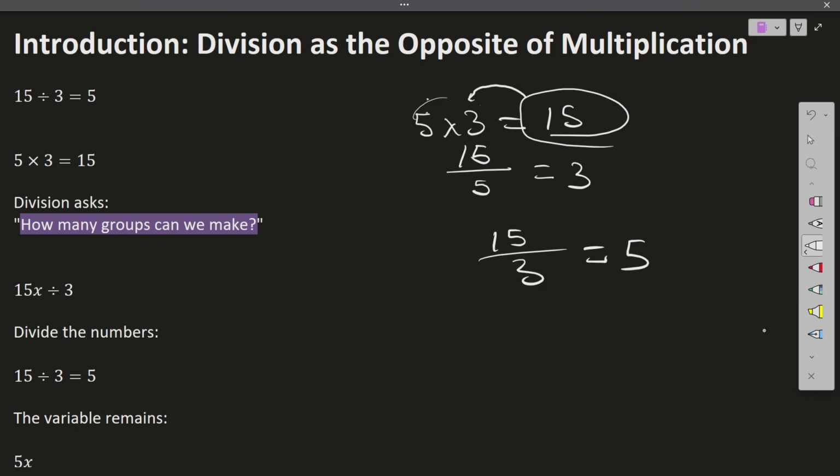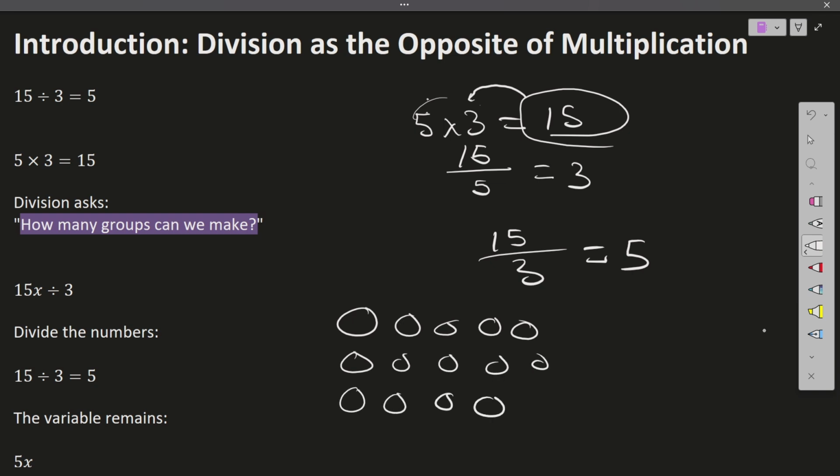This is saying if I have 15 apples, let's use our fruits analogy as usual. If I have 15 apples, let me do this. Okay, I split it into 3 times 5. 1, 2, 3, 4, 5.